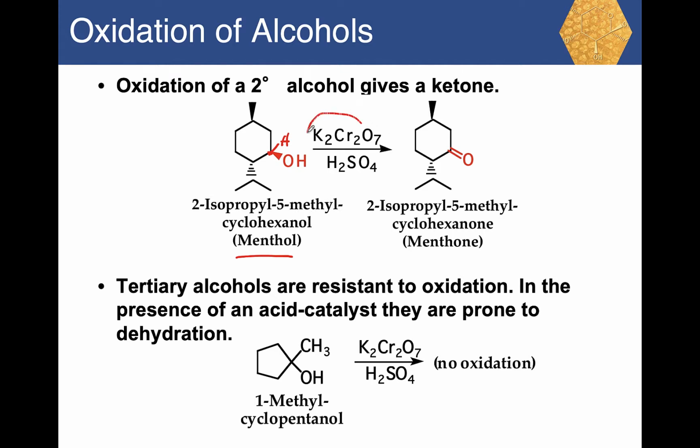In the presence of a strong oxidizing agent, such as the one shown here, it will be oxidized by removing this hydrogen and converting this OH into a carbon-oxygen double bond. So that's the product. You should be able to predict the product if given the reactant and the reagents.